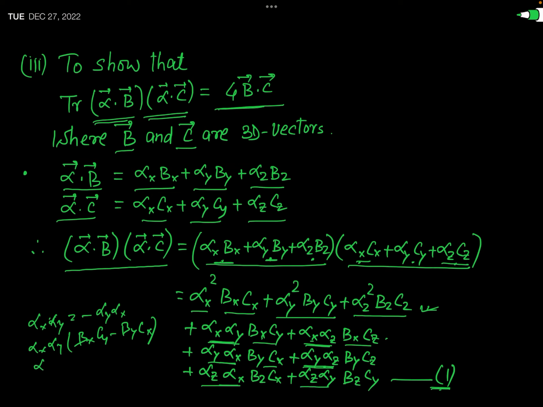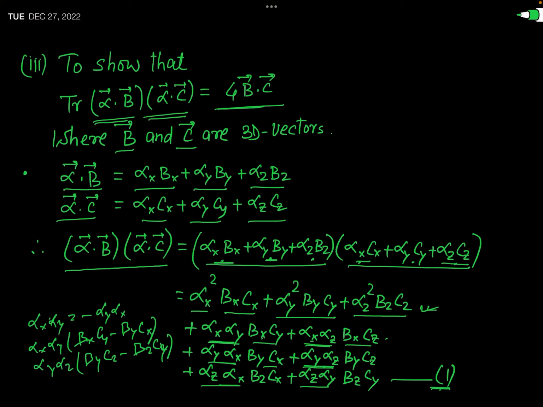So here alpha y alpha z will be common, and there will be by cz minus bz cy.